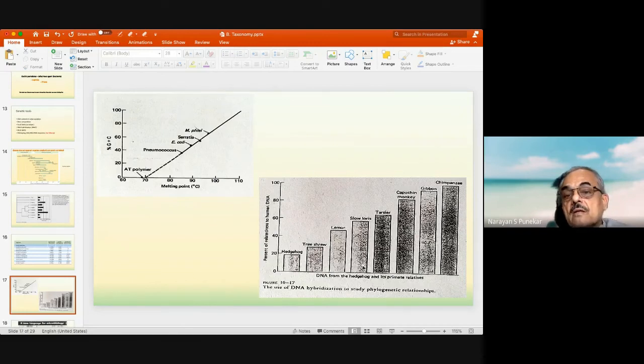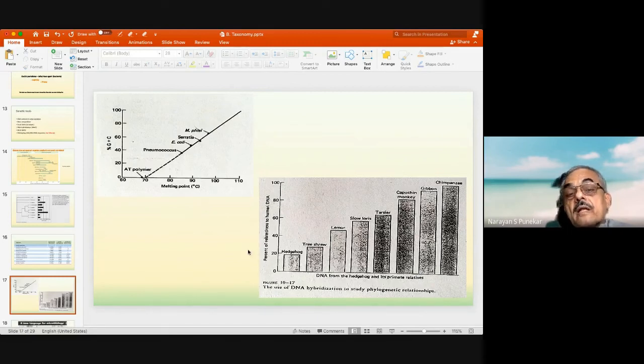So this part of the slide shows you something called DNA hybridization study and phylogenetic relationship. What has been done here is hedgehog DNA has been used as a standard, and then its relatedness to human DNA, the percent relatedness to human DNA.